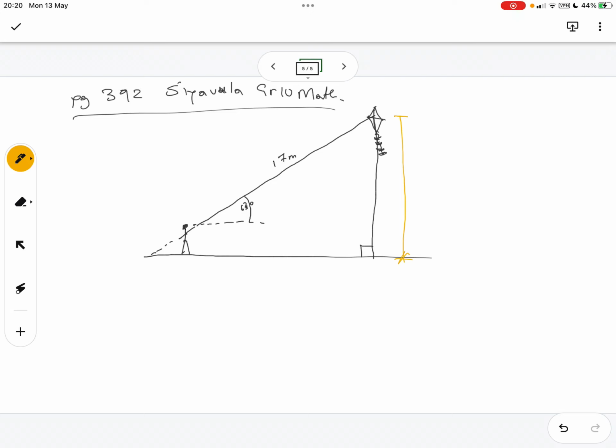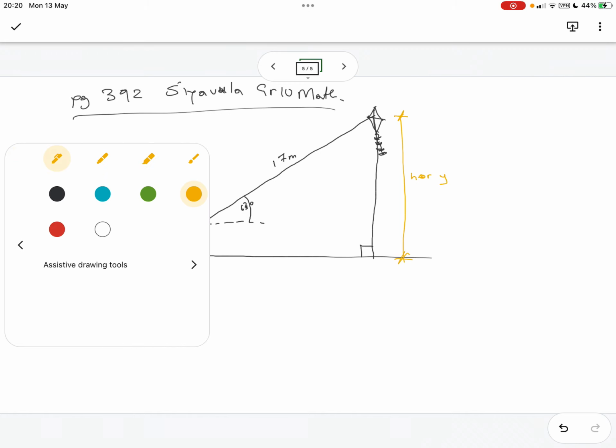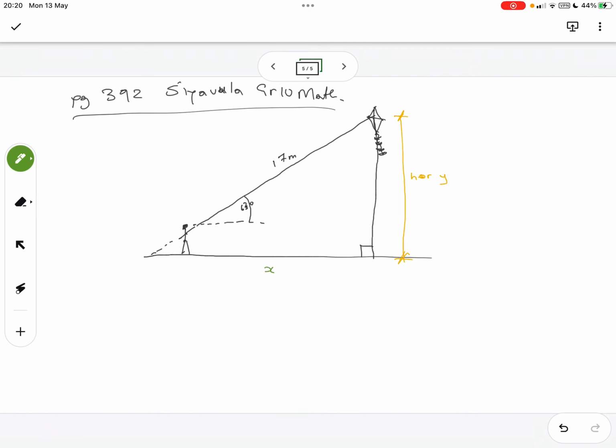So the height above ground would be the distance Y, or h, and we don't really know the distance X, or D. So we know the angle and we also know the hypotenuse.